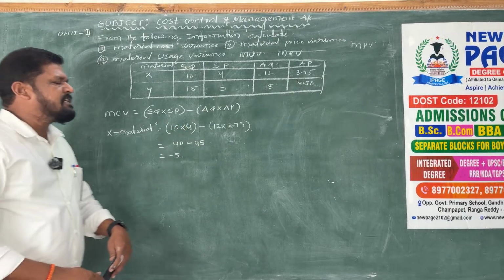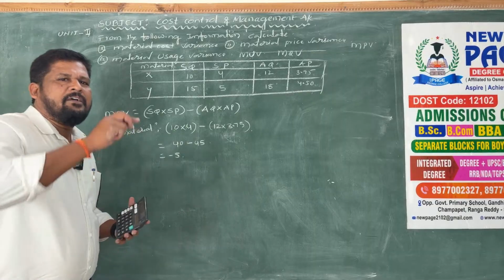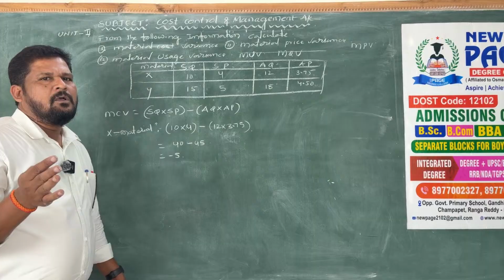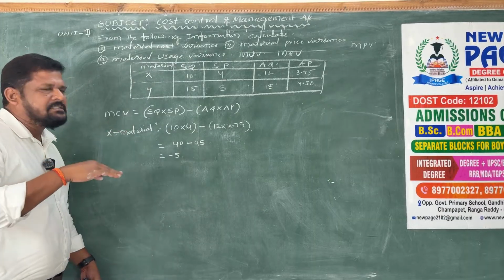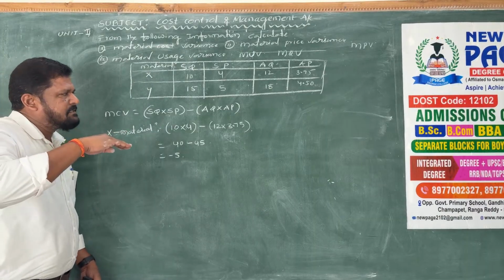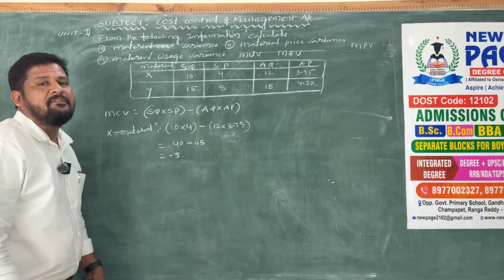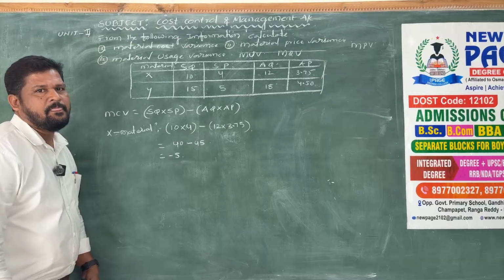So there are two types of variances now: favorable variances and unfavorable variances. Favorable variance means the standard results exceed the actual results.